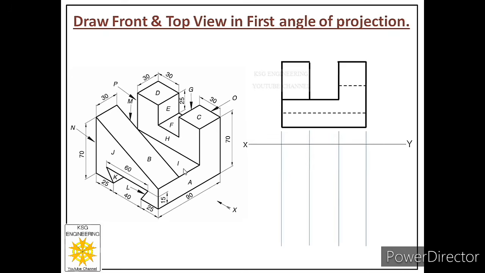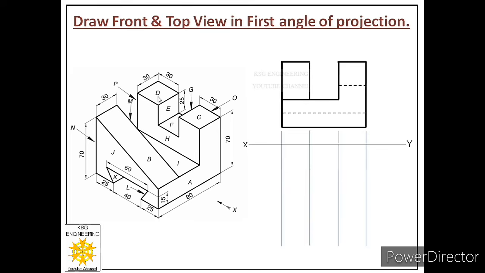So when I maintain this direction and look from top, I will see face D, face C, face I and face F also. So these four faces are parallel faces.